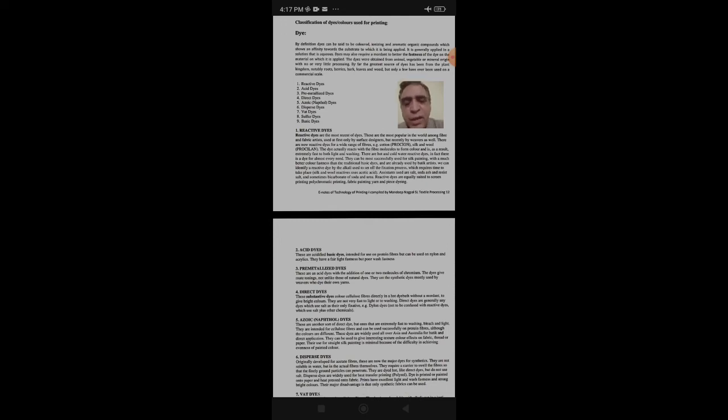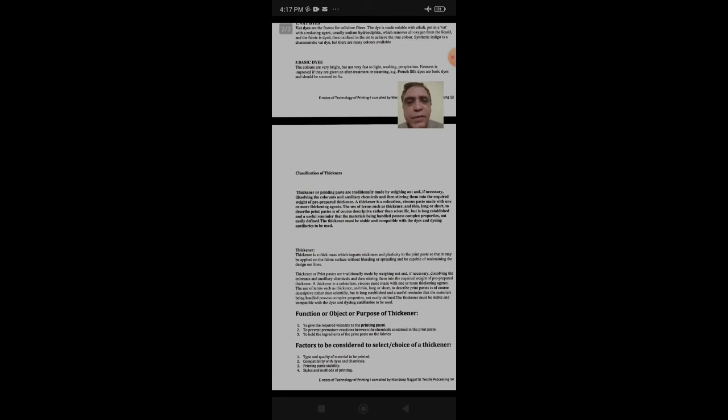Next is your vat dyes. Vat dyes are also one of the special classes of dyes which is used for cotton materials. They are specifically used for premium quality materials which are to be sold at high cost. Why?